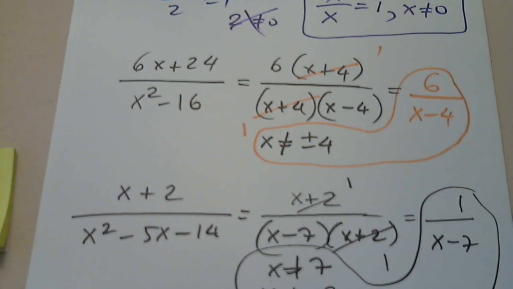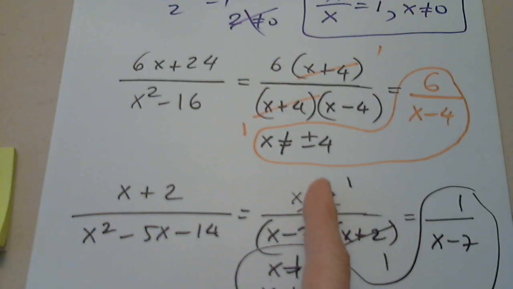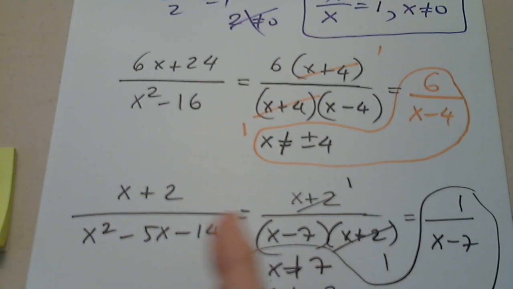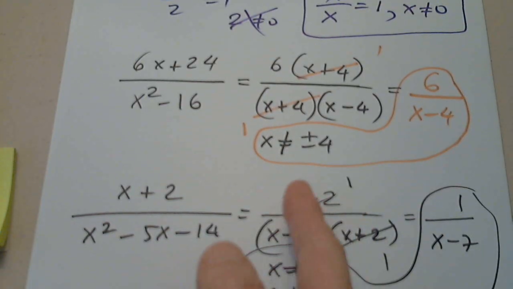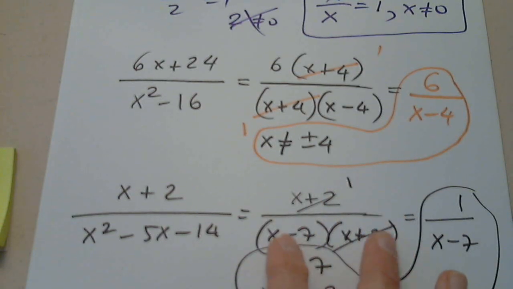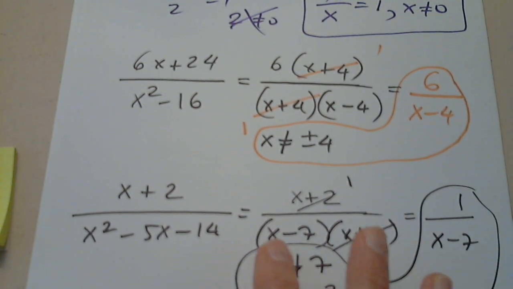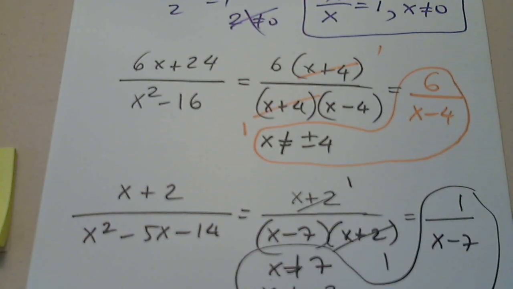Because it will be 0 over 0. Oh, yeah, okay, that makes sense. It doesn't matter what's in the numerator. Both restrictions have to be fulfilled because 0 in the denominator is not acceptable. Okay. Is that okay? Yes.